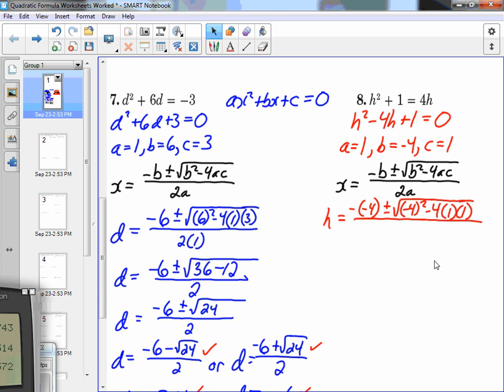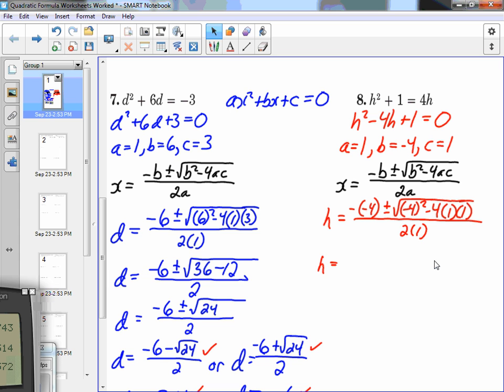And all that's divided by 2 times 1. And I'm going to pause there for a moment. You have the same thing I have. Any questions on getting what I have? All right, then we start simplifying, and that's most of the work is the simplifying.